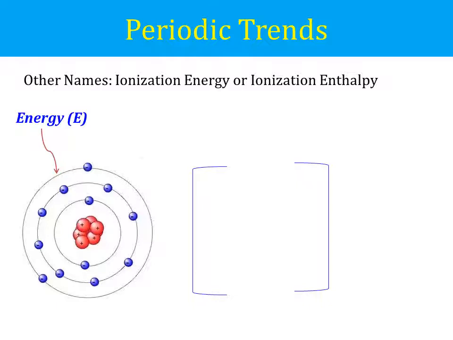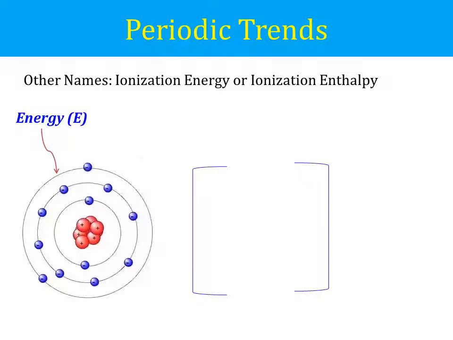It's not that only the outer electrons accept energy, all the electrons accept energy. But the outer electrons are already outside, away from the nucleus, so their chances of leaving the atom are very easy compared to the other electrons.